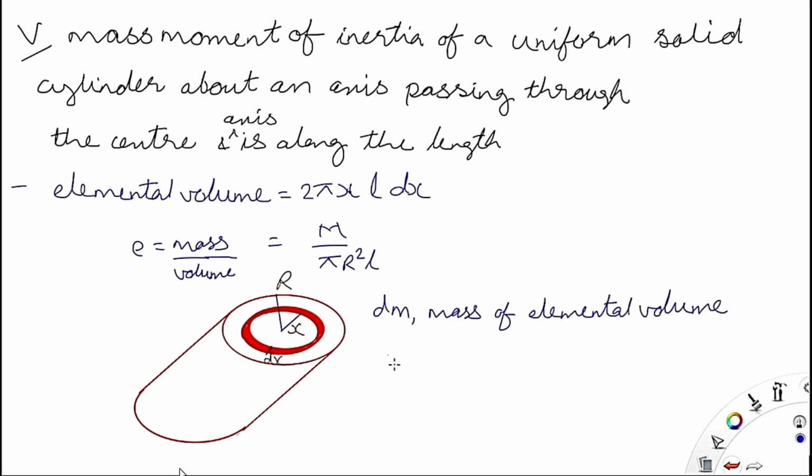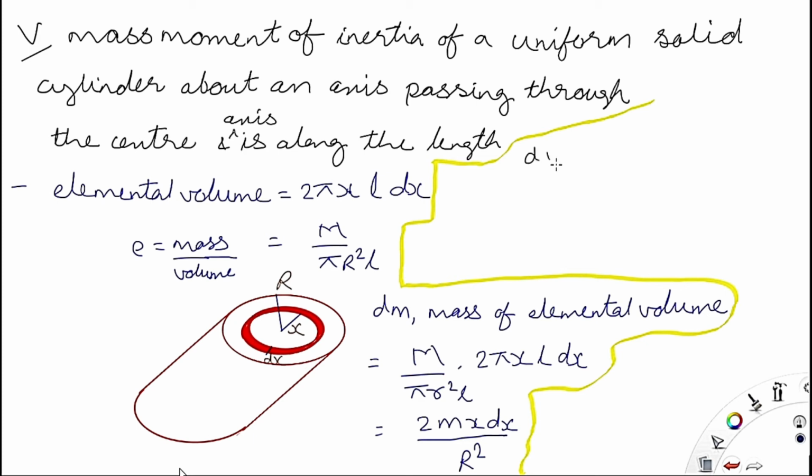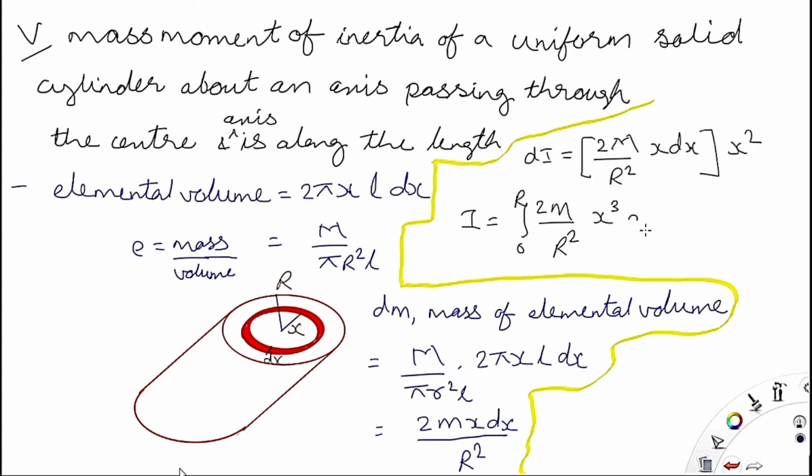Here the elemental volume has been calculated first, and then dm, and then I is equal to dm x square. And here we get the value as MR square by 2. So mass moment of inertia of a uniform solid cylinder about an axis passing through the center and along the length is MR square by 2.